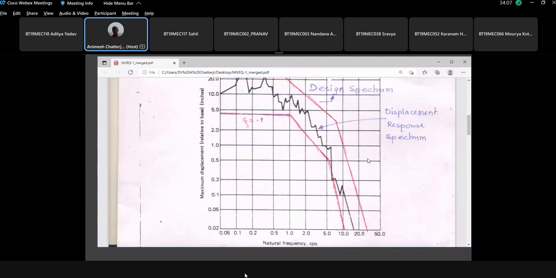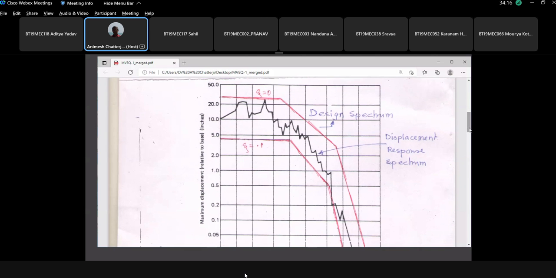Second is damping. But people have done research, and Srabha was asking me, if an earthquake occurs and you have a building, it's not necessary that every building will get damaged by the earthquake.